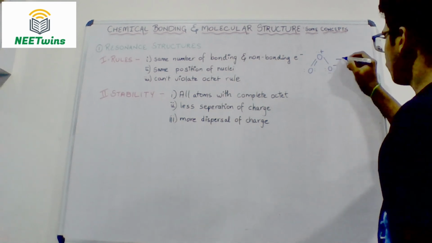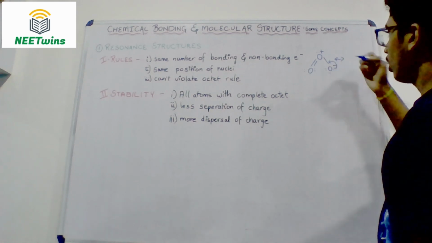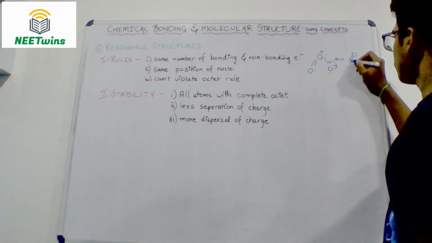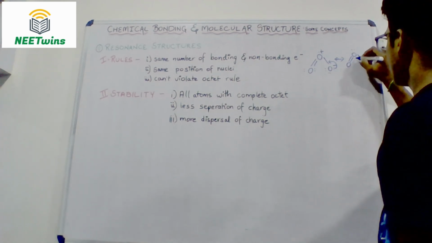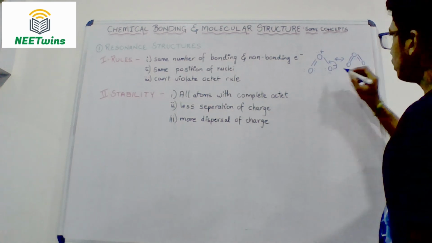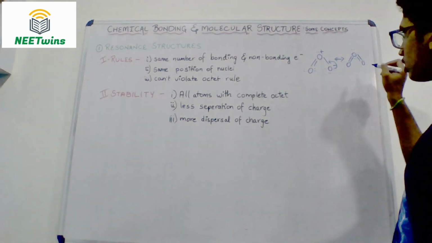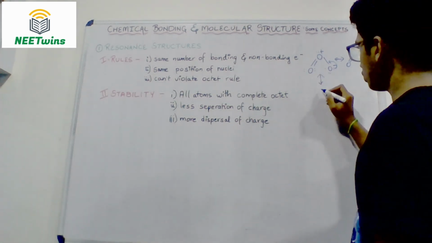Now, if I make another resonance structure of this by transferring one lone pair of electrons to the bond pair, and I draw something like this. As you can see, the number of bonding and non-bonding electrons in this structure and this structure are different, whereas the actual resonance structure of ozone is this.